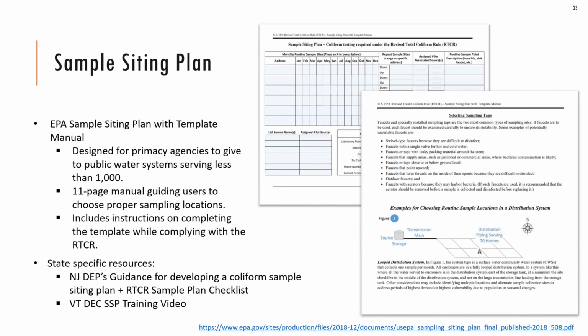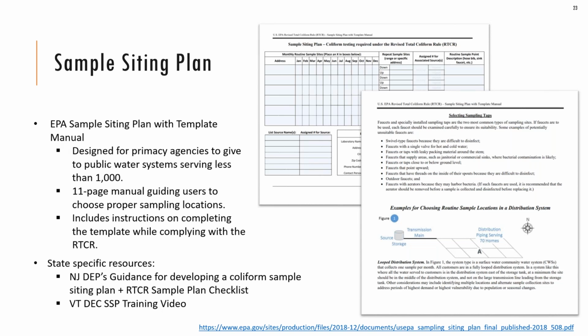The reason these plans are necessary is to ensure that all sampling is done correctly, even when there is personnel change. The details of the plan may vary from state to state, and most states will generally have their own template which can be used to fill out sample site information. So I would definitely check with your state agency to see if they have their own template, because it will also include contact information or where to submit your sample siting plan to be reviewed.